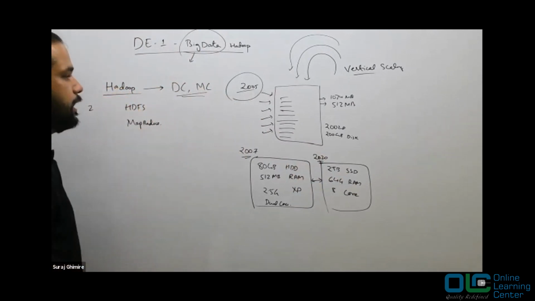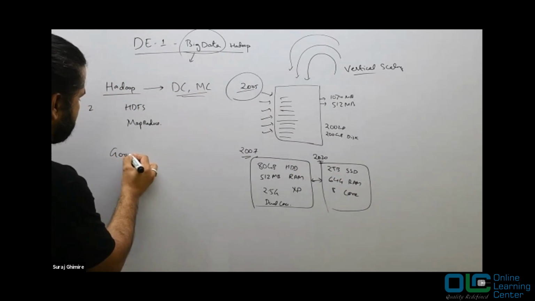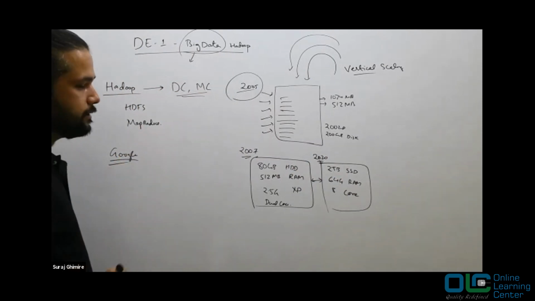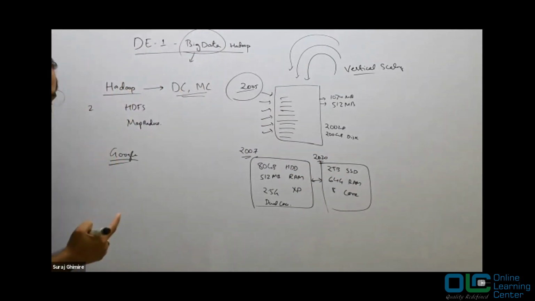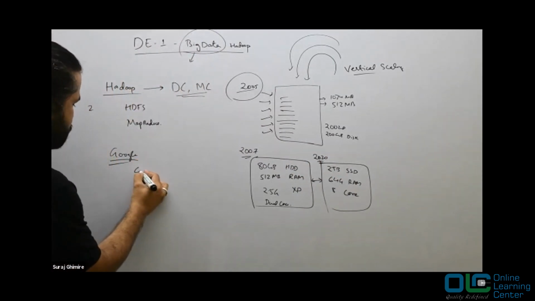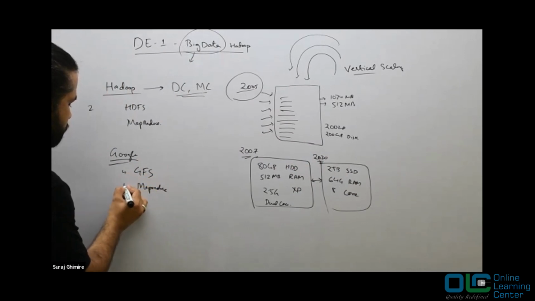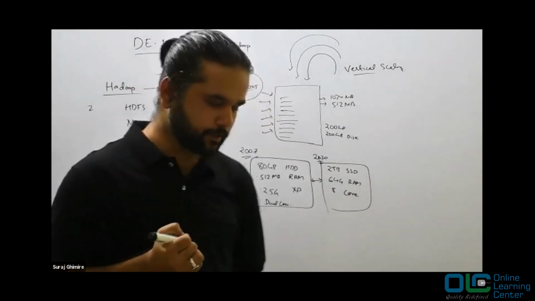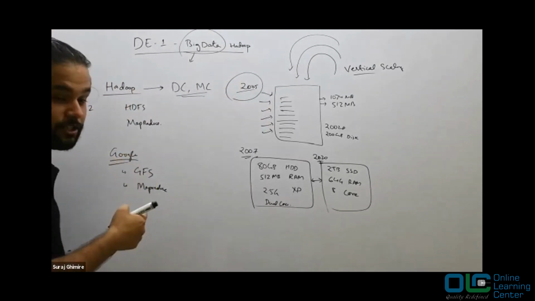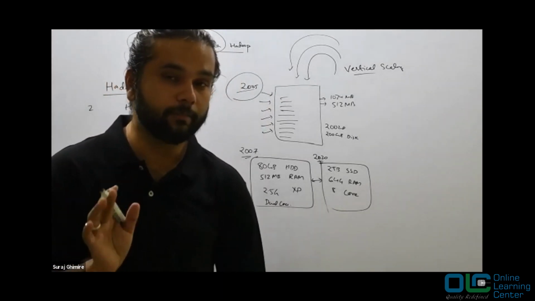Now, during the same time, there were people from Google who published two different papers, GFS and MapReduce. It was just a theoretical paper, no implementation of it.